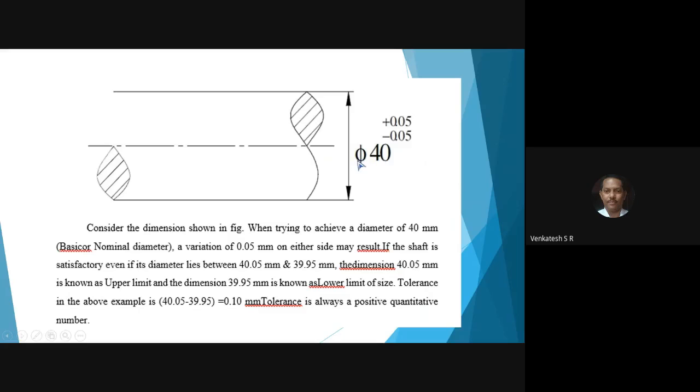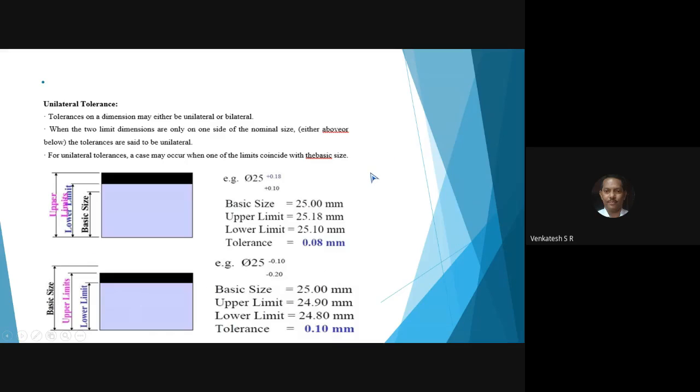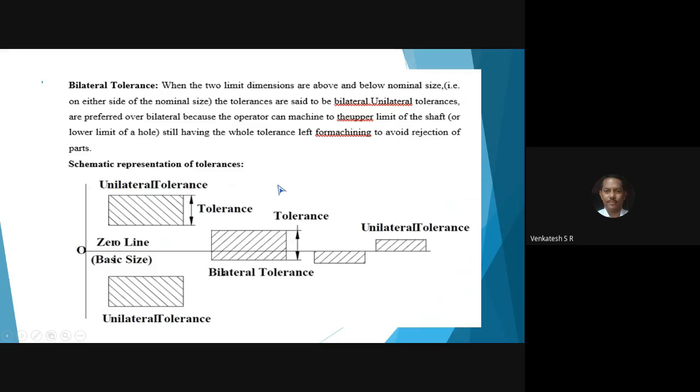That is, the nominal diameter is 40, the lower limit is minus 0.05, the upper limit is plus 0.05. This is bilateral tolerance and this is unilateral tolerance. You can analyze the unilateral and bilateral tolerance by using this diagram.